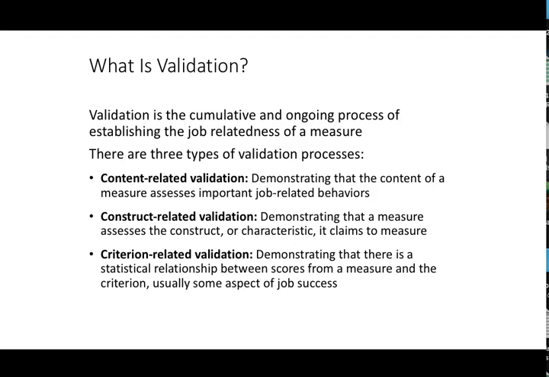Concurrent, as you remember, may be at the same time. So my current performance and how I perform on a particular performance measure, and what my on-the-job performance is currently. Or we can predict it. So I measure it now and then I use it 2 or 3 years later into the future to see whether or not it had its predictive validity.